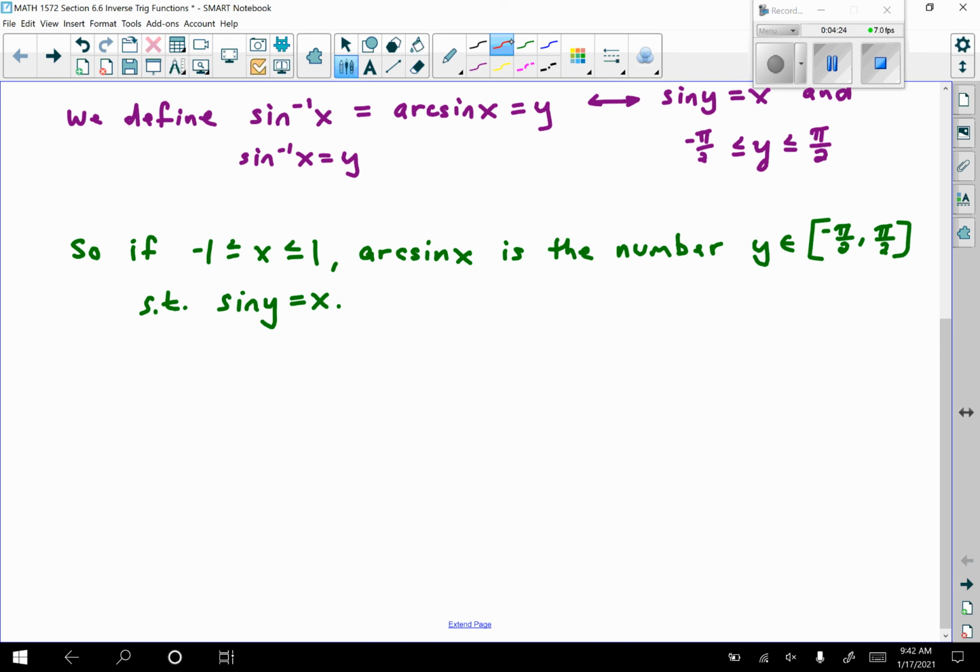So again, when we find arc sine or inverse sine of a value, it returns an angle value. So let's take a look at some examples.